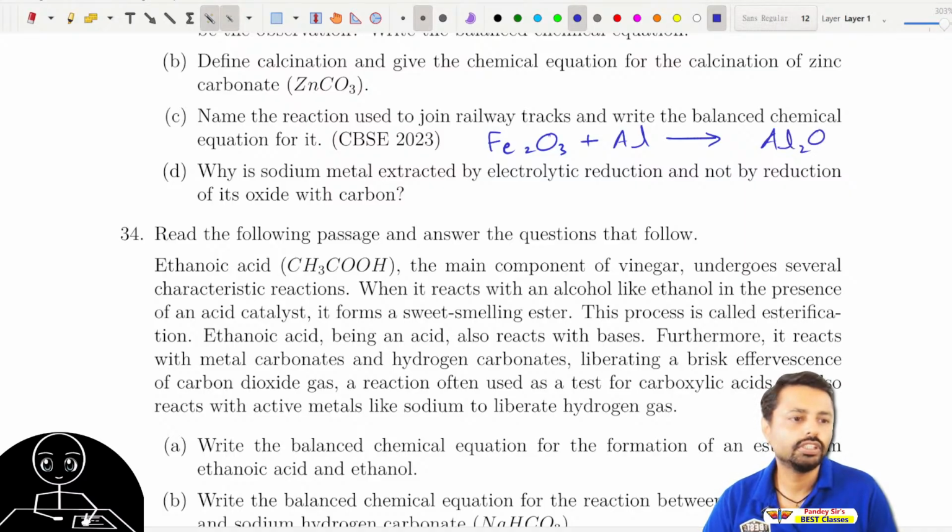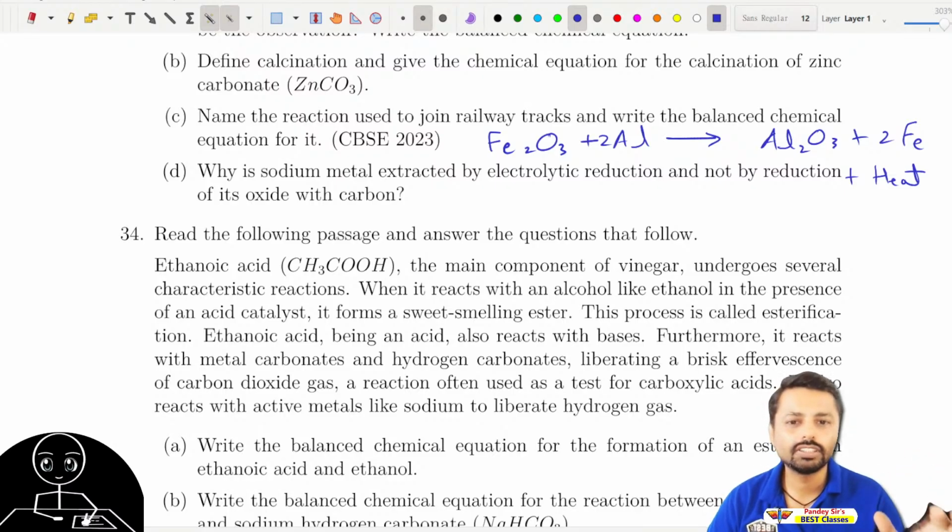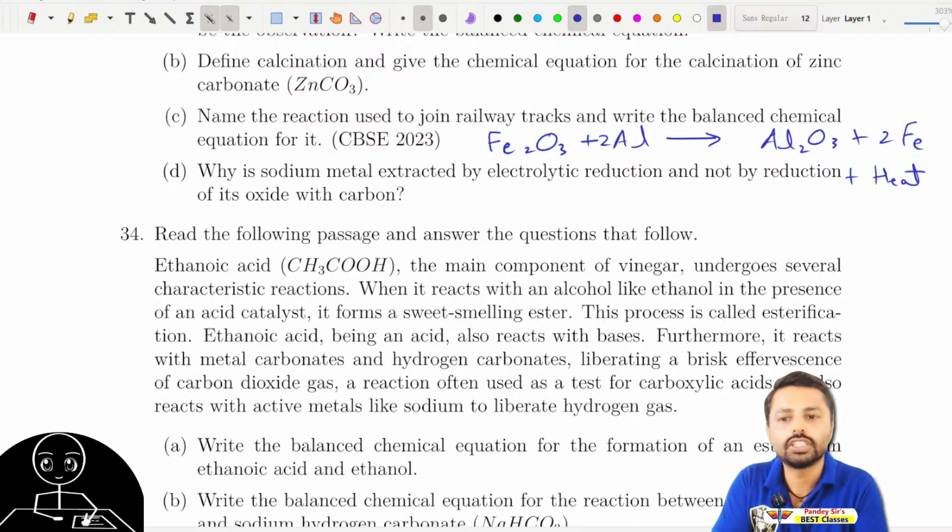Al2O3 means we need 2Al, plus 2Fe plus heat. Now this reaction is highly exothermic. It will be thousands of degrees, above 1000. I don't remember the exact number. So hot that it will melt the iron and metal welding happens. This is how they join the tracks.